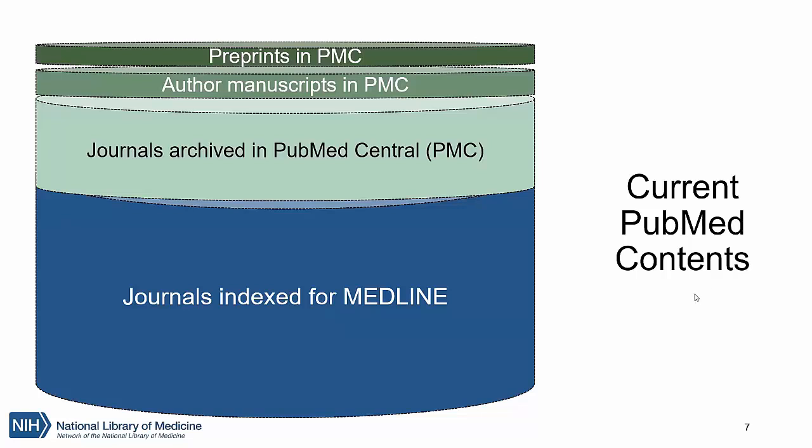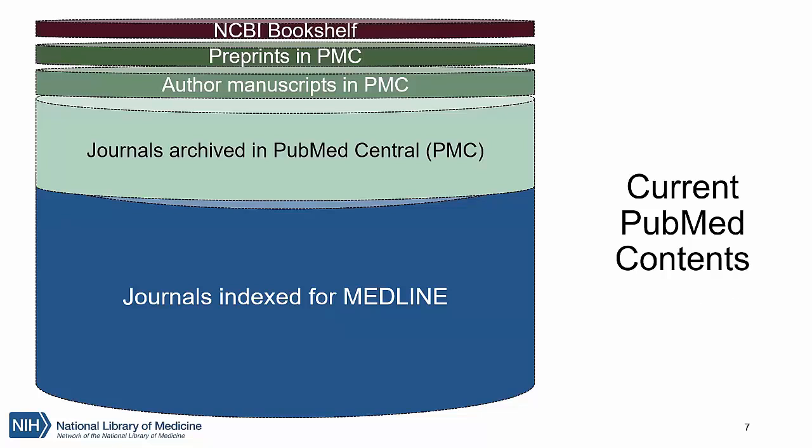And additionally, PubMed includes records for chapters, reports, and books from the NCBI Bookshelf, represented by the purple disc on top. Now, there is overlap between the contents of Medline, PMC, and Bookshelf because resources can be indexed or archived in more than one, which is why each part of the database on this slide is outlined in a dashed line.